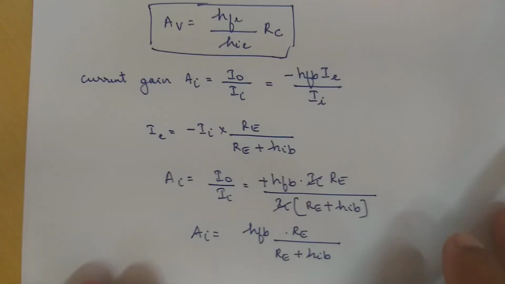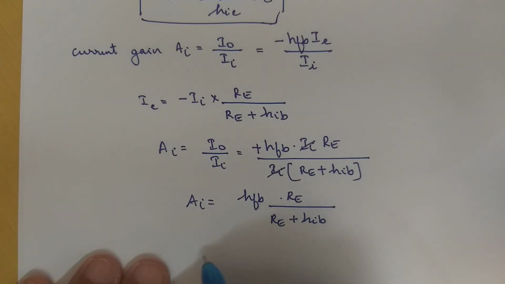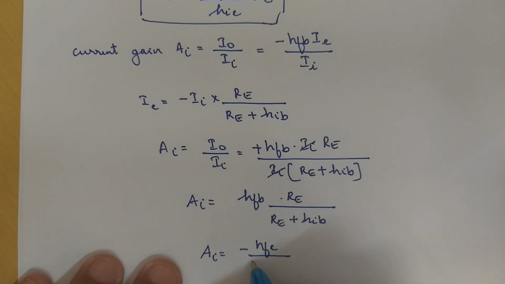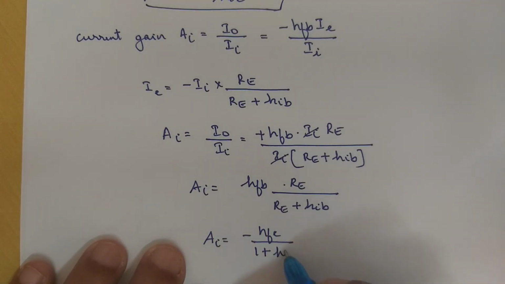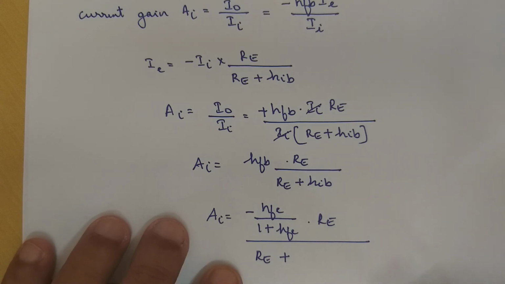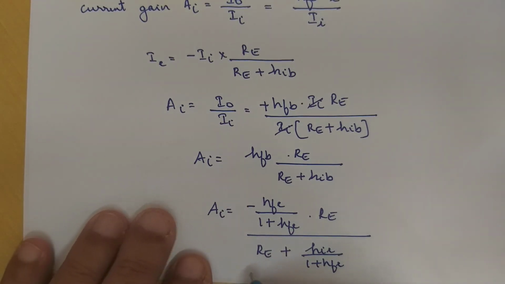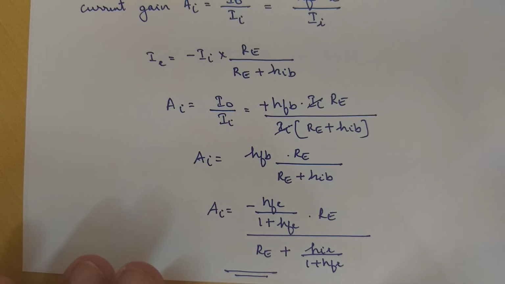Writing in that format, AI is HFE divided by 1 plus HFE into RE, divided by RE plus HIE divided by 1 plus HFE. So this will be the expression for the current gain.